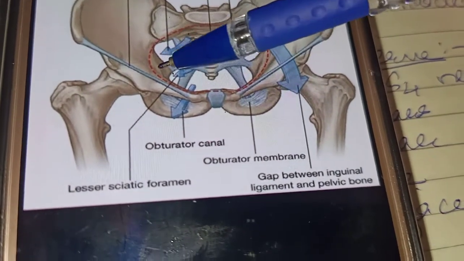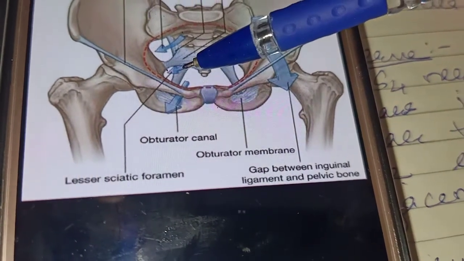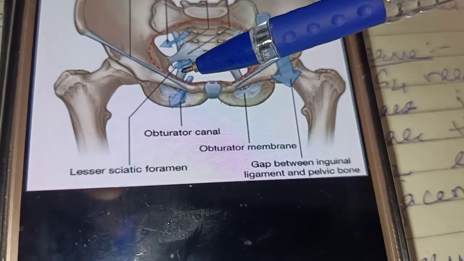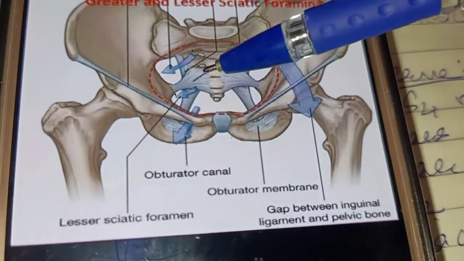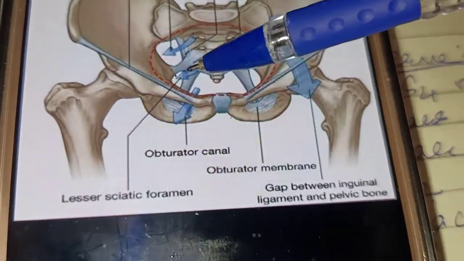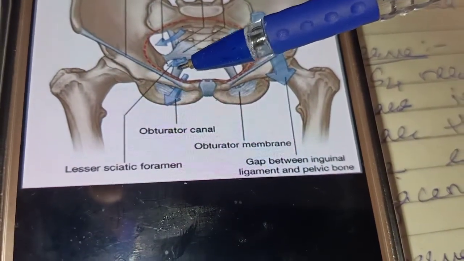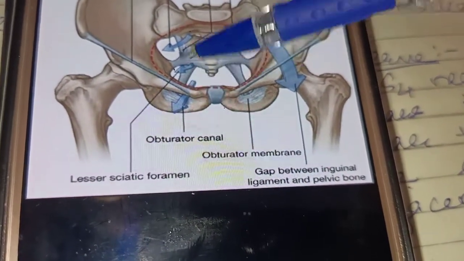Also it loops around the sacrospinous ligament to enter the perineum via the lesser sciatic foramen.